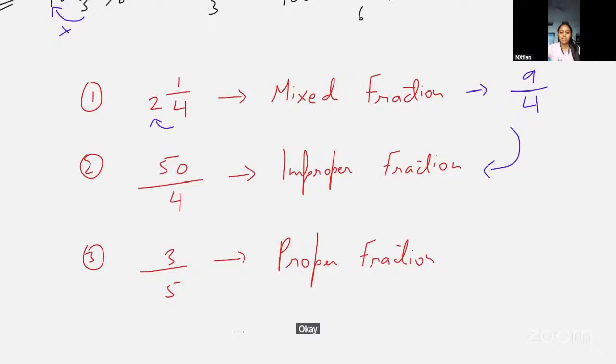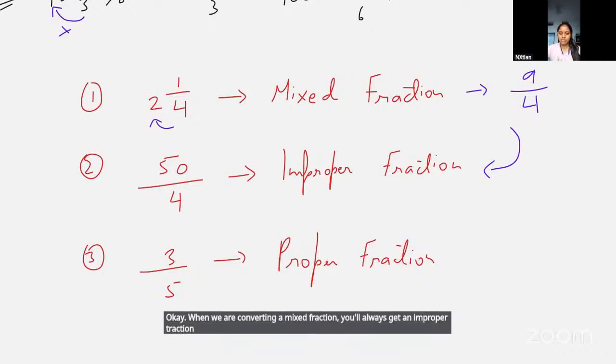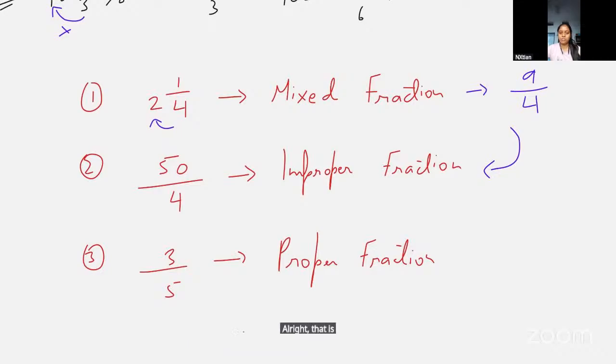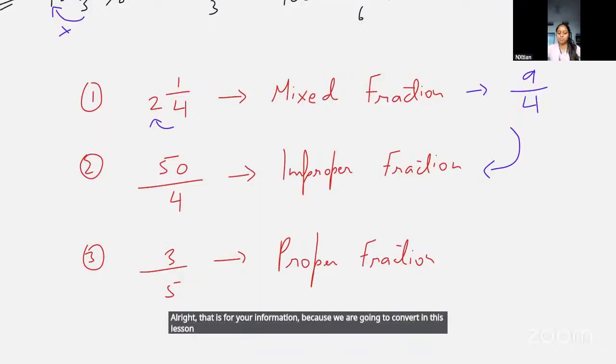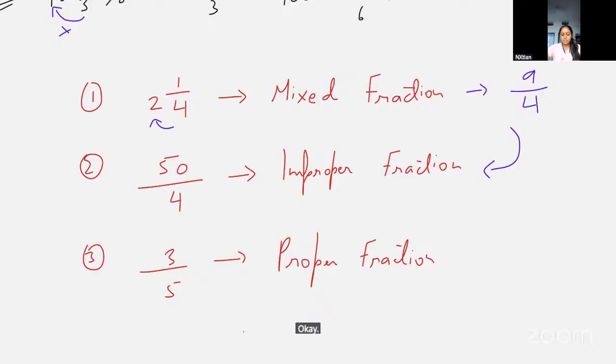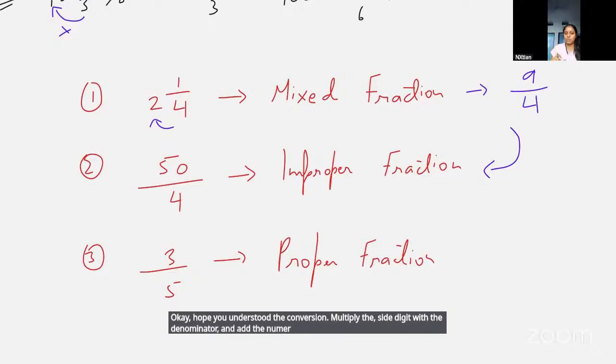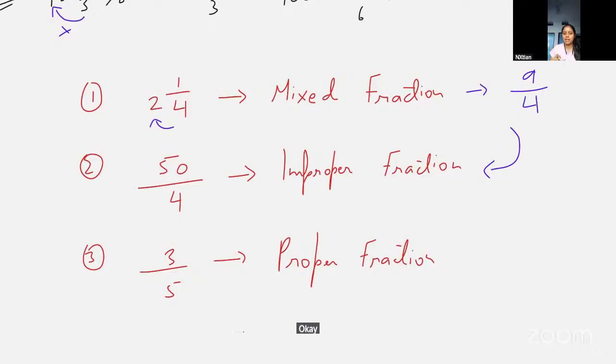That is for your information because we are going to do some conversions in this lesson. Multiply the side digit with the denominator and add the numerator to it. That is converting a mixed fraction to an improper fraction.